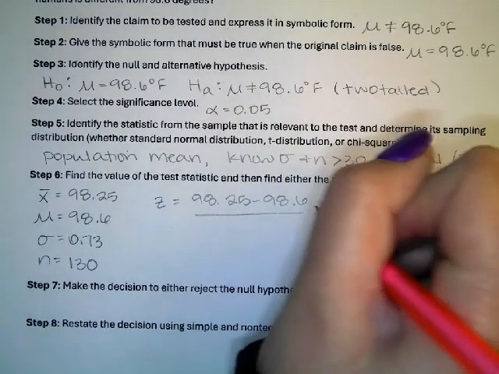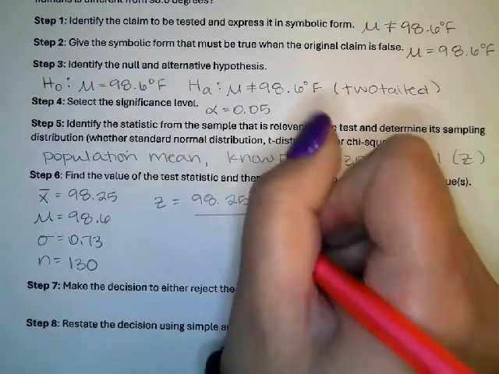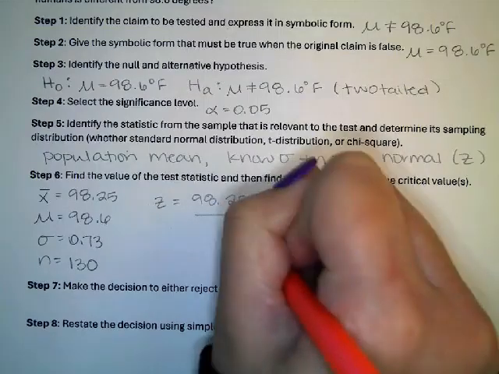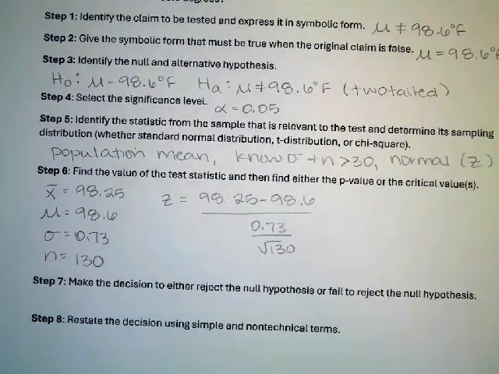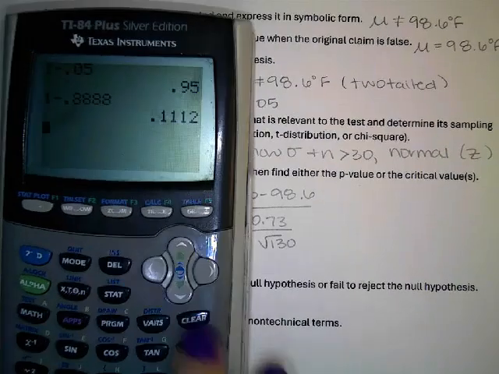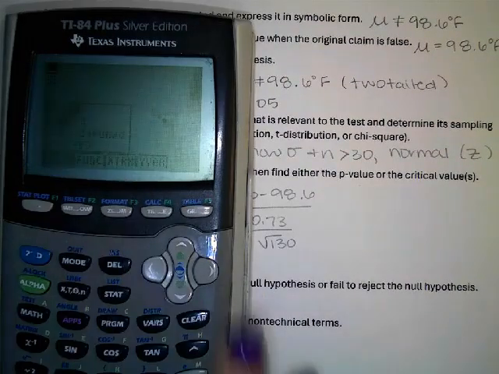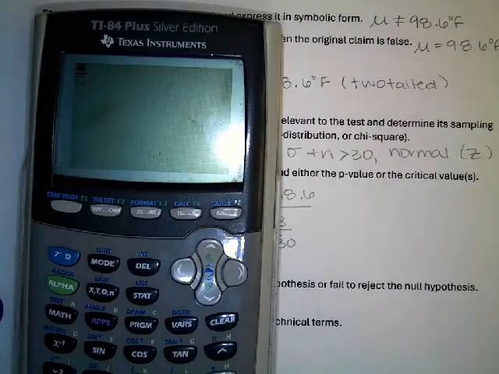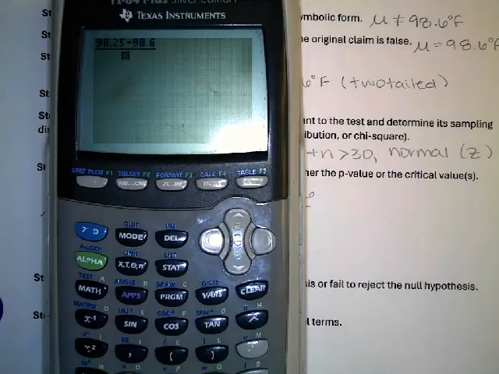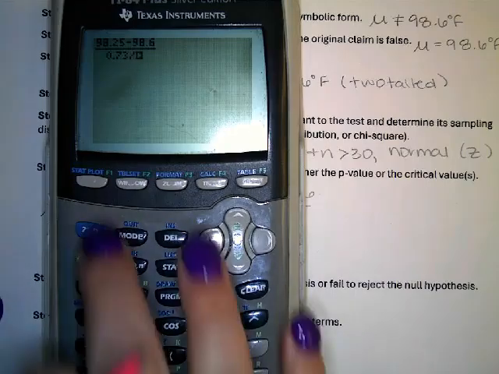Okay, so I'll go ahead and type this in on my calculator: 98.25 minus 98.6 over 0.73 divided by square root 130. Okay, the z-score is negative 5.47.